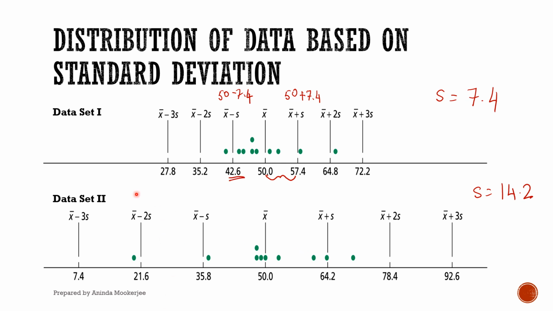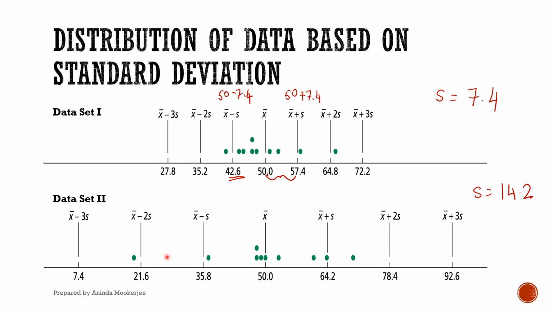So this is how they have scaled the horizontal line. Then the next interval is at x bar plus 2 times s. That means 2 times 7.4, that's 64.8. And then finally we have x bar plus 3 times s. So we have scaled the horizontal line 3 standard deviations away from the mean on the right hand side, and 3 standard deviations away from the mean on the left hand side as well.